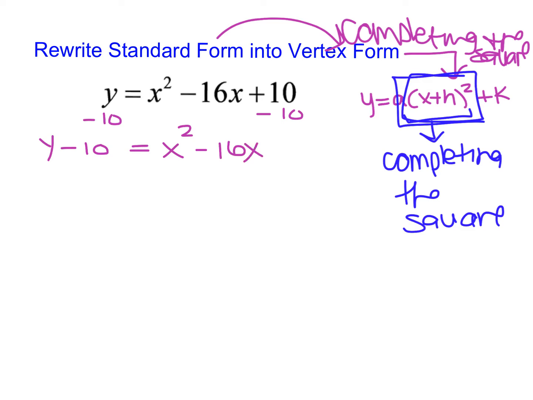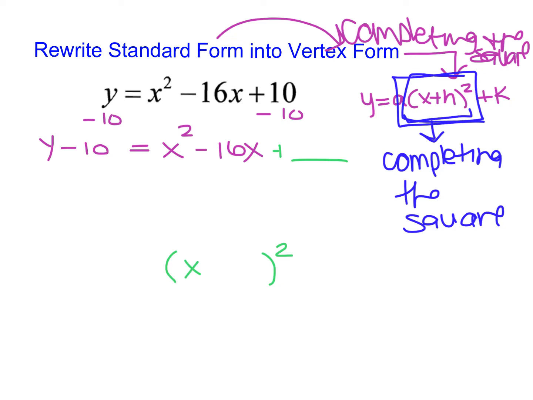Now remember, my goal with the side of the equation that contains x, which is right here, is to figure out what I need to do in order to turn this into a perfect square trinomial. So my goal is I'm going to add something in here, some value, very, very purposefully, so that ultimately I end up with x plus or minus some number in parentheses squared.